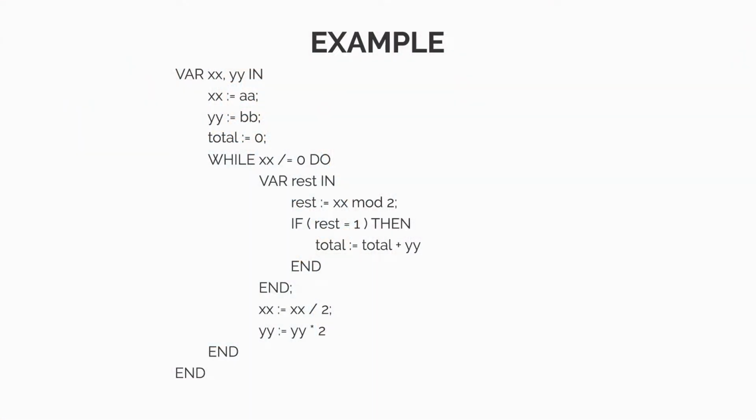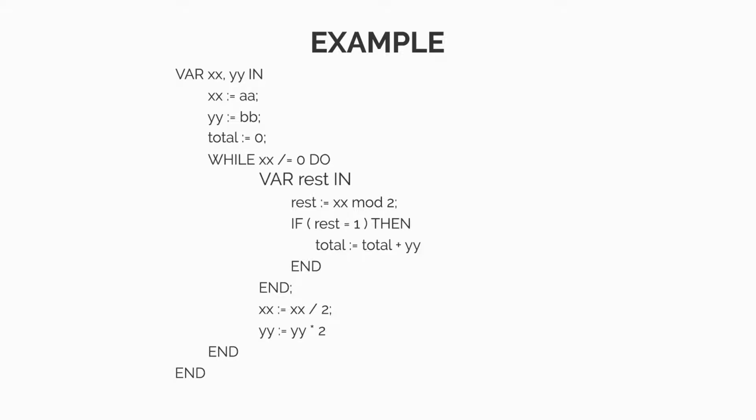First, we must correctly initialize the variables and declare the guard and the body of this loop. So we declare the variables xx and yy in the following block. We initialize xx with AA, yy with BB, and total with 0. And while xx is different from 0, we do the following.